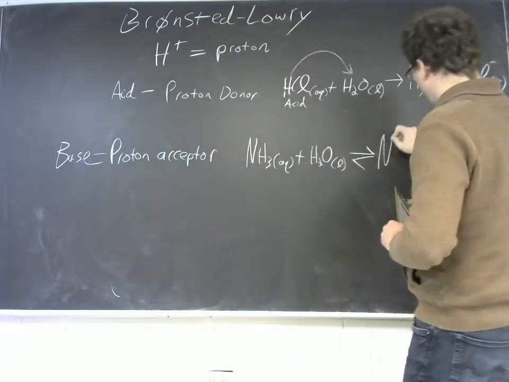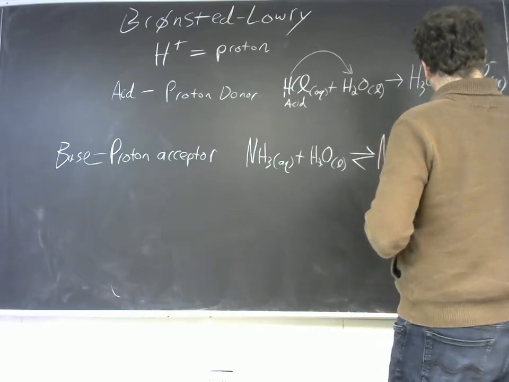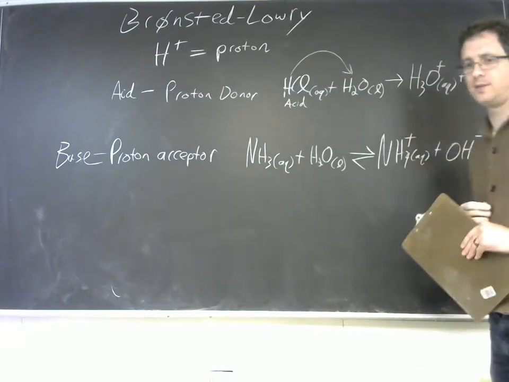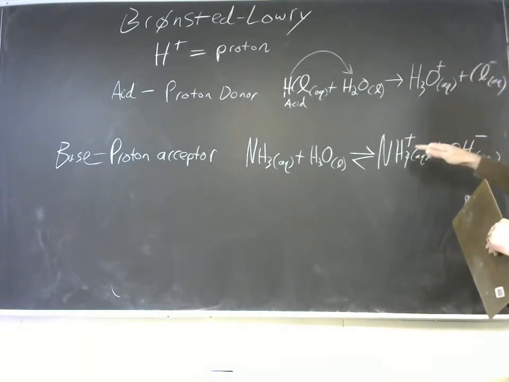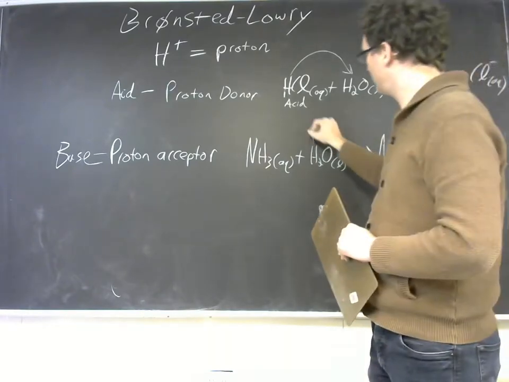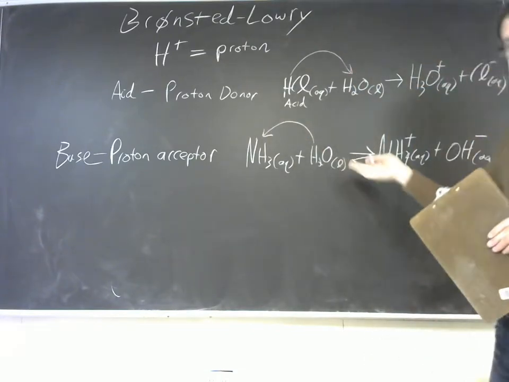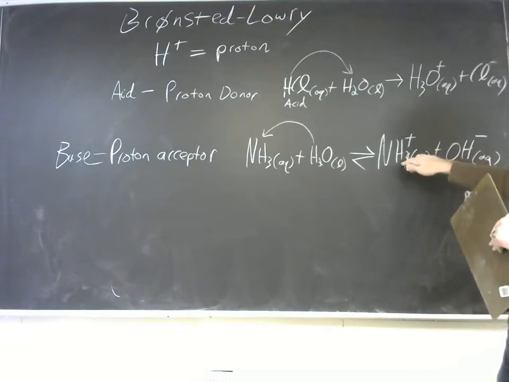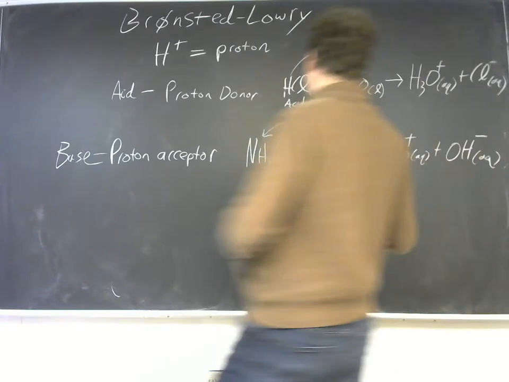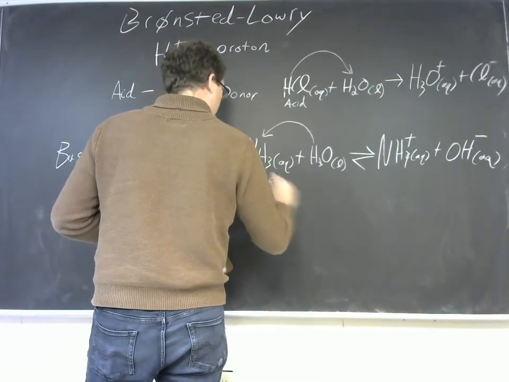We'll have NH4+ aqueous plus OH- aqueous. And so if you inspect this, you see what has changed is that the water has provided a proton, an H+, to the ammonia. So it has one more hydrogen, and now it has the positive charge. The ammonia accepted that proton, and so it is a base.